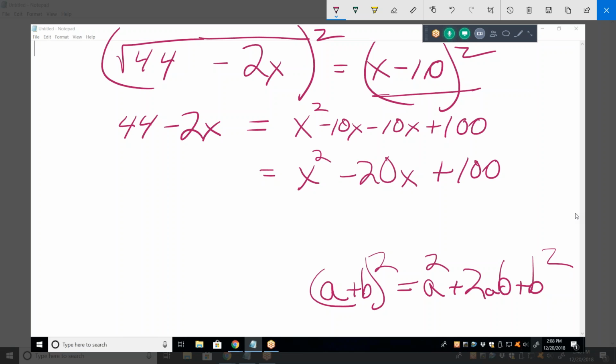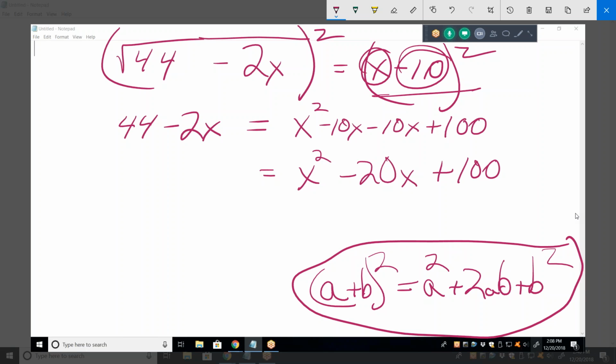Okay? So whenever you see a binomial term squared, think of this formula. And you can do it in about half the time. The middle term is always 2 times that term times that term. That term times that term is minus 10x. 2 times that is minus 20x.